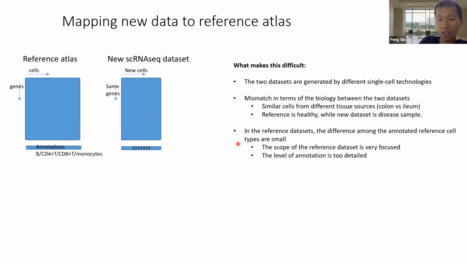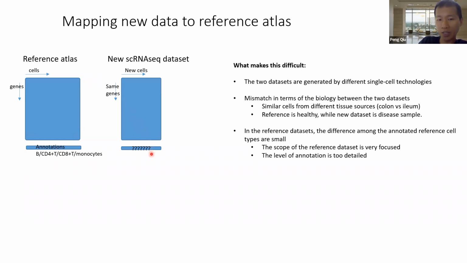And also, there is another, I think, very big issue, which is on the scope of the reference and the new data sets, and also the level of annotation. So for example, our reference data set could have only these high-level annotations of major lineages and major cell types. Then this would be a relatively easy reference data set that we can try to use to predict new data.